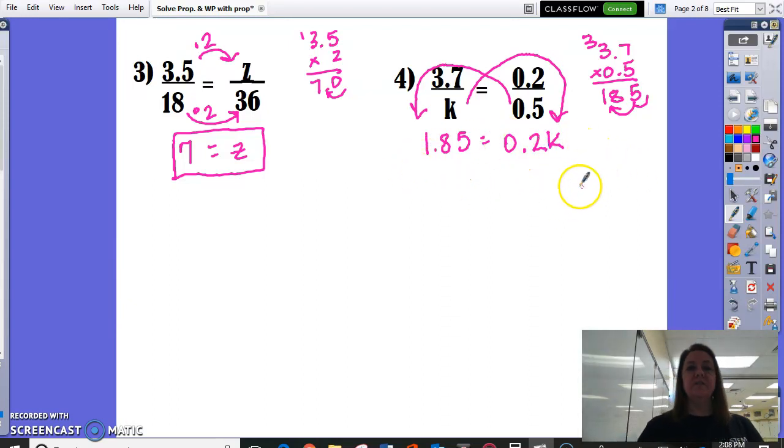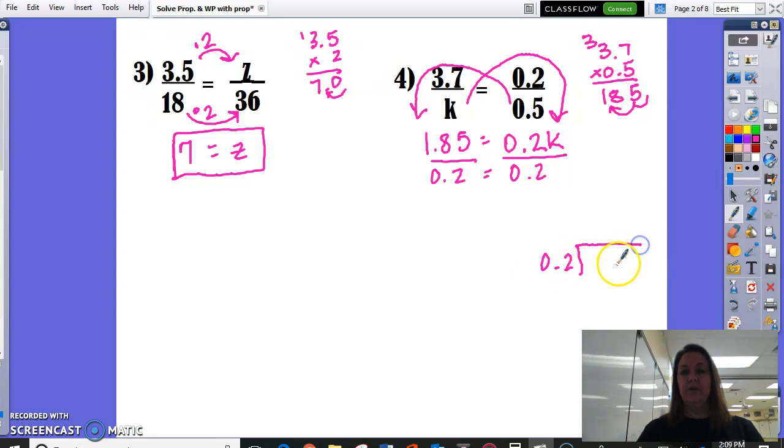You have your simple one-step equation, where since it's a multiplication equation, the inverse operation is to divide, and it's fine that we're dividing by a decimal. You know how to do that. So 0.2 into 1.85. Remember, we cannot divide by a decimal, we have to make it whole, and what we move on the outside, we have to move on the inside with the dividend before you bring it up.